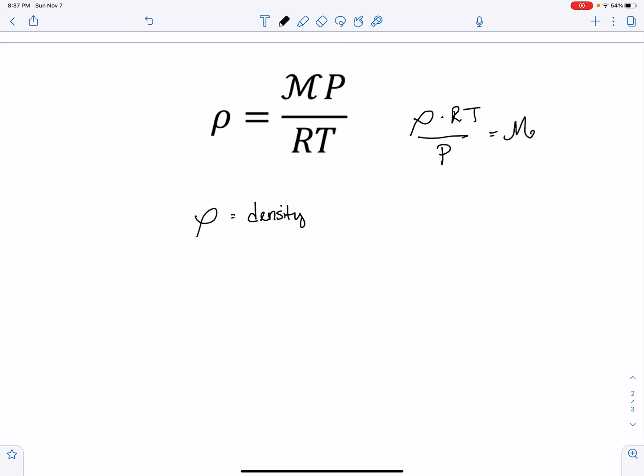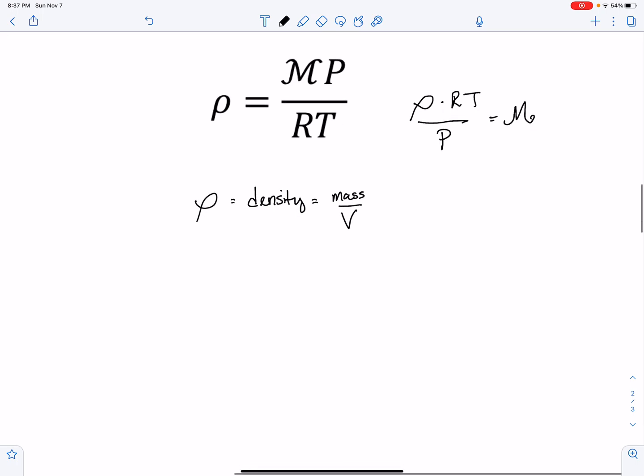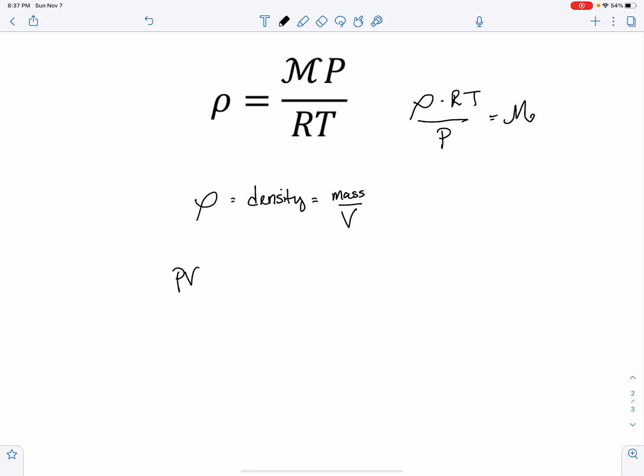So the quick question is, how do we get from PV equals nRT to that density equation? Well, density is mass in a certain amount of volume. Now, we know originally that PV equals nRT, and we also know that our molar mass is equal to mass over moles.